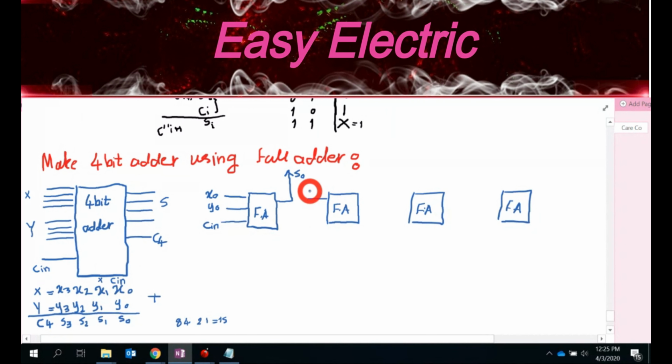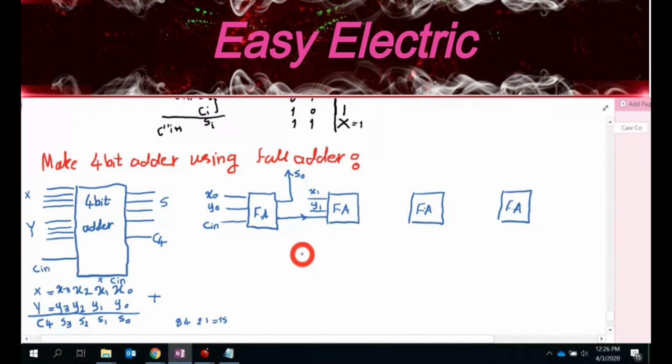It should be x1. The next should be y1. Could you tell me what should be the third input for the second full adder? It should be the carry that you got from adding these 3. Where is that carry? That carry is here, right? So you connect this output of this to this as the third one, okay?